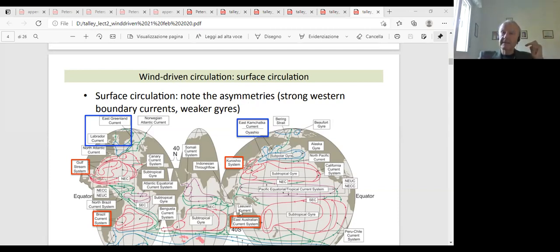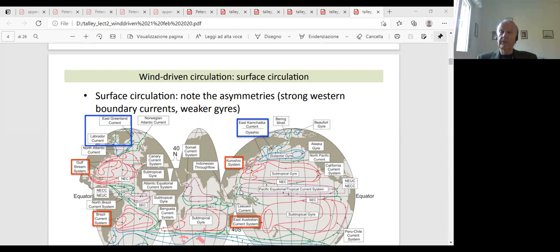And this is something which is the wind-driven circulation. Wind-driven circulation is a part of this general circulation, what you can see here, because the general circulation, as we have said many times, is also driven by the differences in temperature and salinity between polar and equatorial areas.